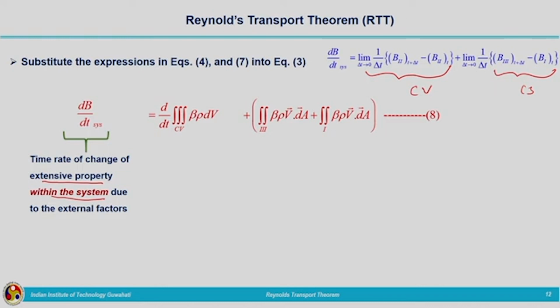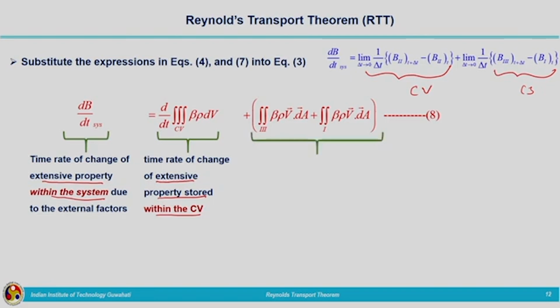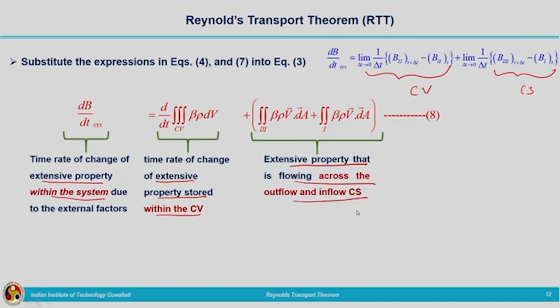And the first term on the right hand side is the time rate of change of extensive property stored within the control volume. And the last two terms together represent the flow of extensive property across the control surface, that is from the outflow and inflow region. These two can be combined together. I am removing the region 3, region 1 notation and together putting across the control surface.